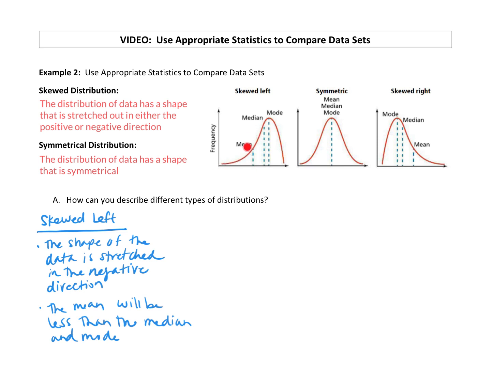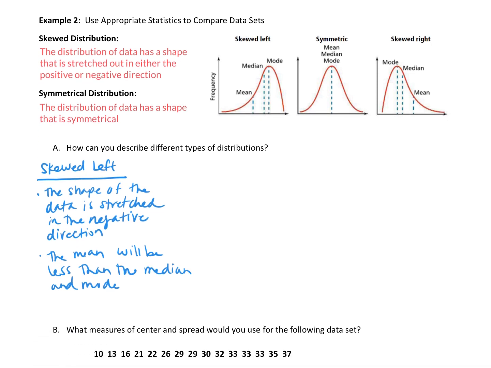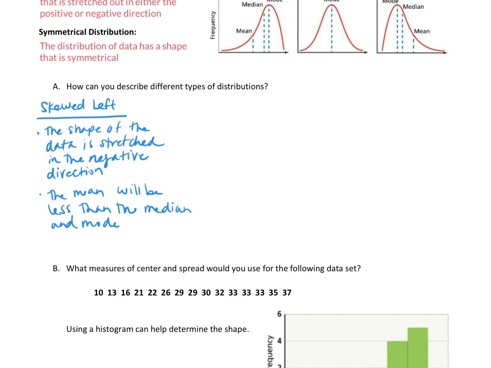When your data is stretched to the left, that's going to pull the mean toward the left. So it's going to make the mean less than your median and mode. The mean is more affected by the data. So if the data is skewed left, that's going to have a bigger impact on the mean than it does on the median and mode.